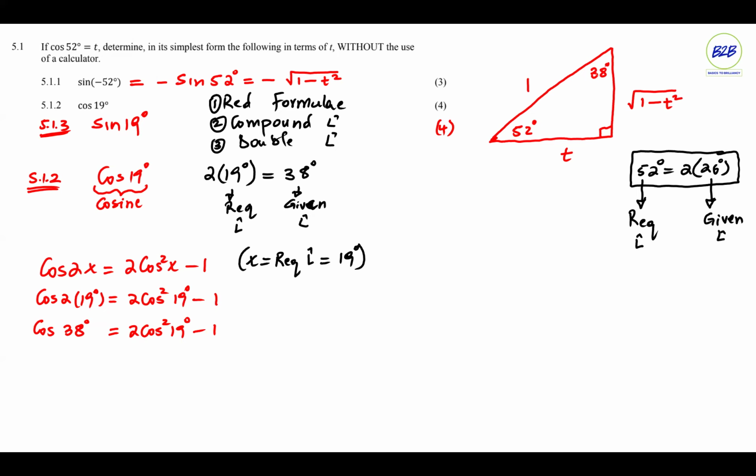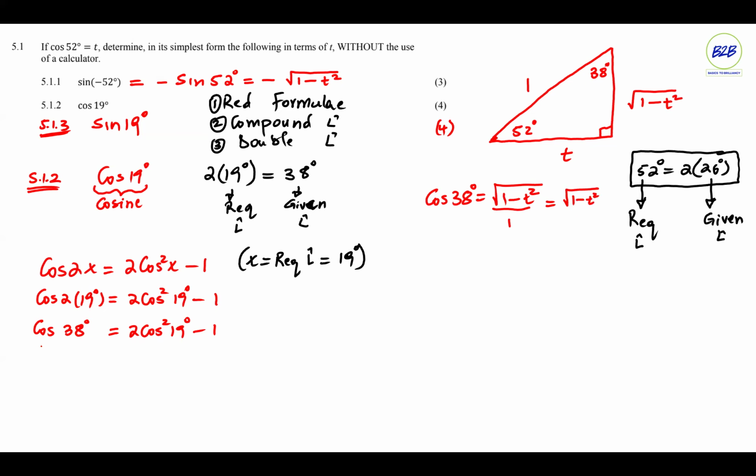Because we have 38 in the diagram. So what is cos 38 degrees? It would be the adjacent side, 1 minus t squared, all over the hypotenuse, which is 1. So cos 38 degrees is the square root of 1 minus t squared.